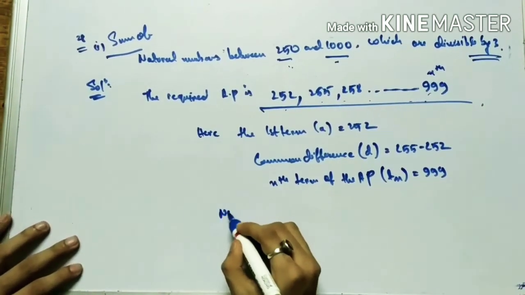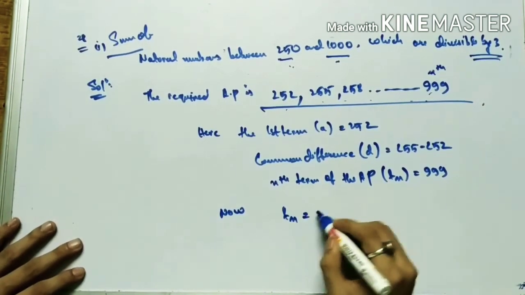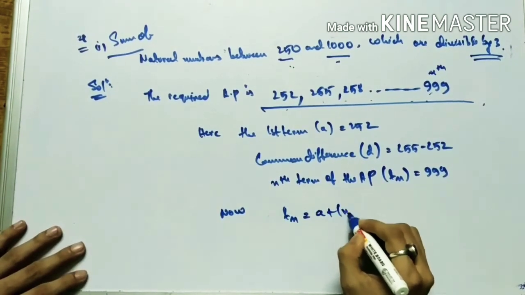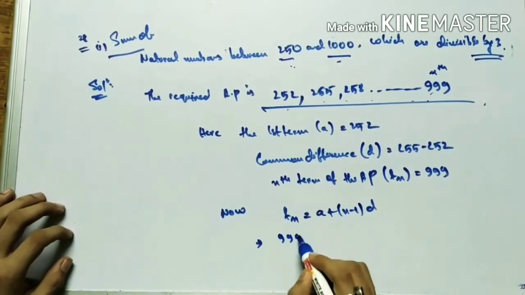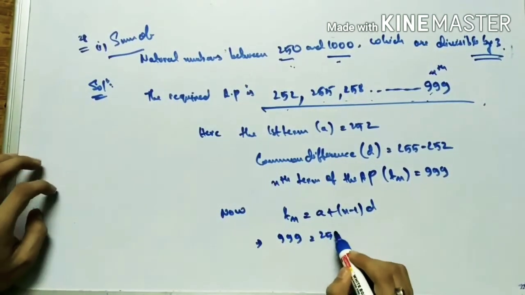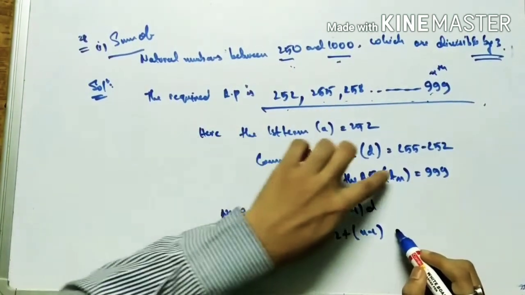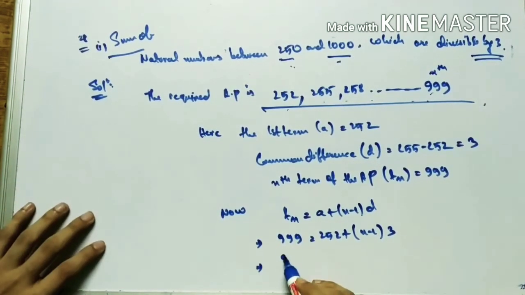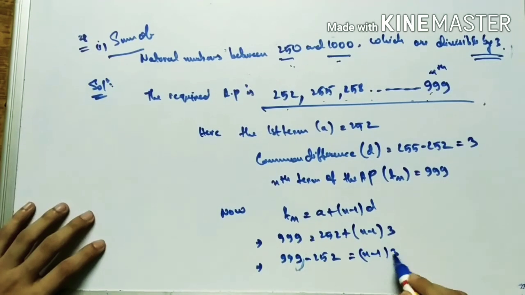Now what is the formula of the nth term? Tn equals A plus n minus 1 into D. Here Tn is 999, given. A is 252, plus n minus 1 into D, and the common difference is 3. So now first I will solve this. 999 minus 252 equals n minus 1 into 3.